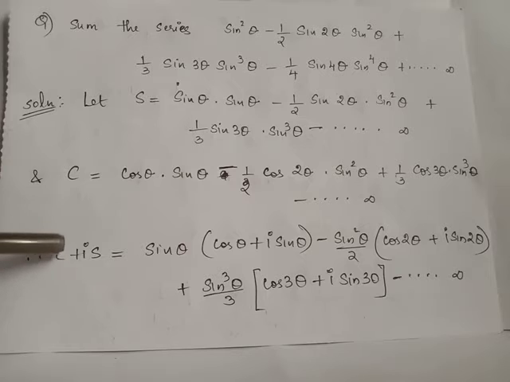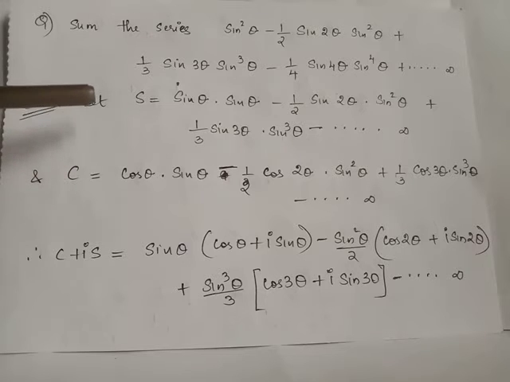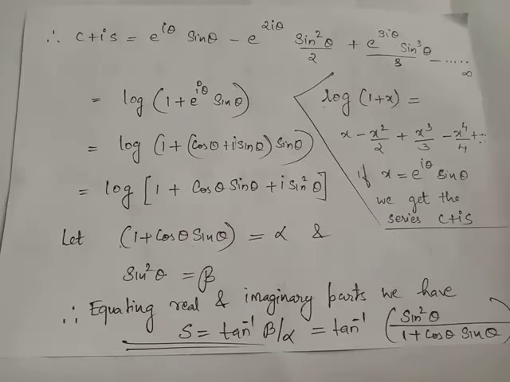We get C + iS by adding terms of the C series to terms of the S series after they have been multiplied by i. Applying Euler's identity to every term, we now have C + iS equal to e^(iθ) sin θ − e^(2iθ) sin²θ/2 + e^(3iθ) sin³θ/3 − etc.